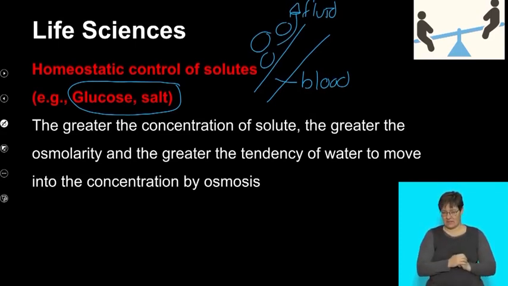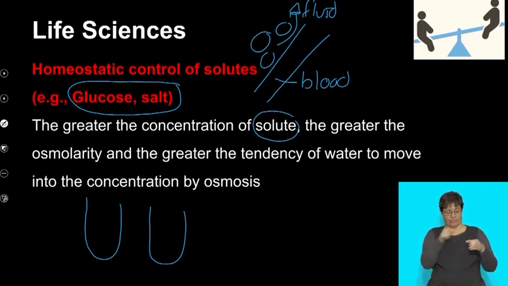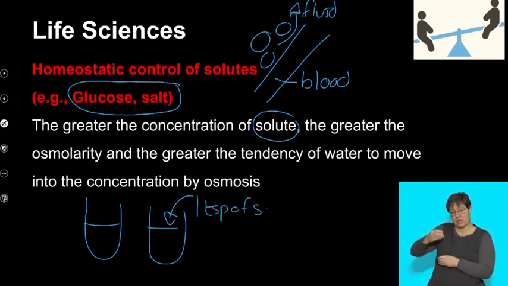The greater the concentration of solute, let's imagine I've got two beakers over here, and I put water in each of them, and in this beaker I put 1 teaspoon of salt.